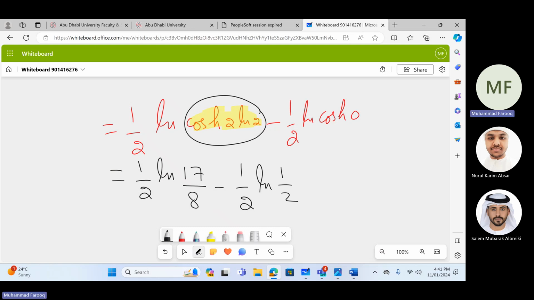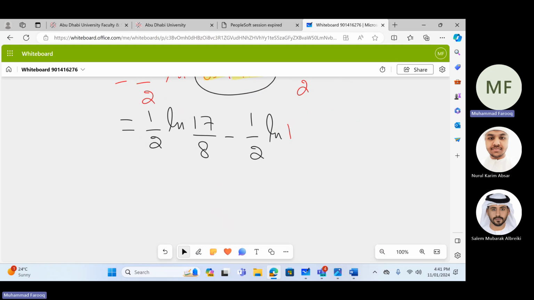Is that correct? It's 1, not half. So please make the correction. Cosine hyperbolic 0 is 1. Correct? Now, ln 1 we know very well is 0. So this part becomes 0. Finish, please.